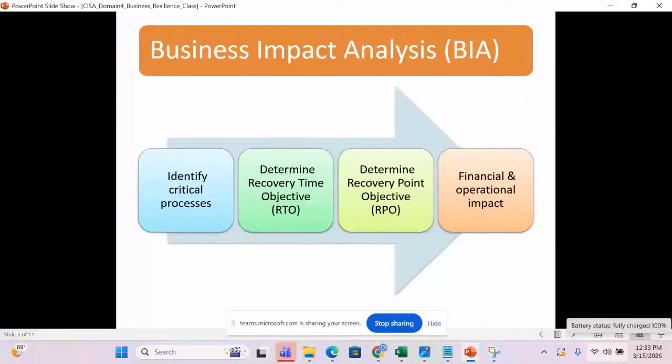Let's say for instance that you want to accept a minimum loss of about 120 or 150 megabytes. That means if your application goes down today, you are willing to accept a data loss of about 150 megabytes. So whatever transaction is going on within that time, you won't be able to get that particular transaction.